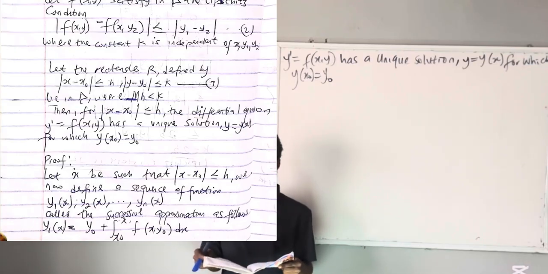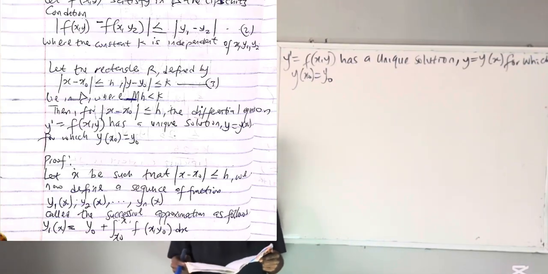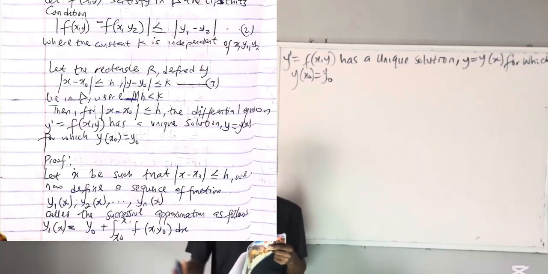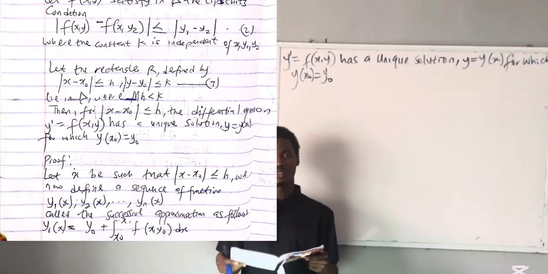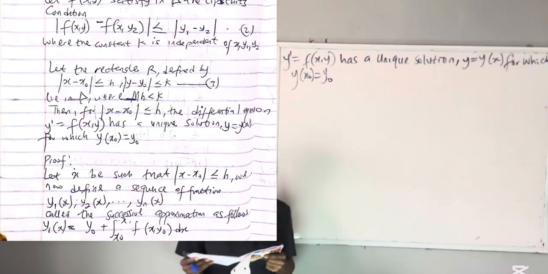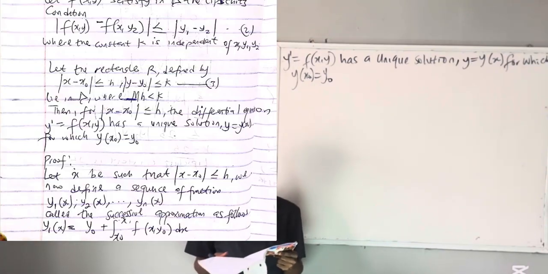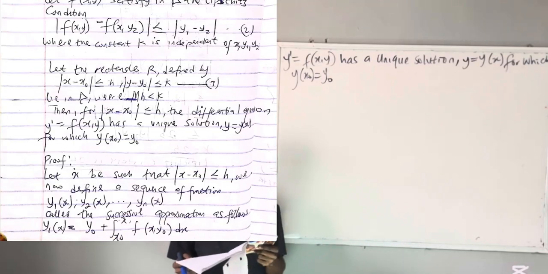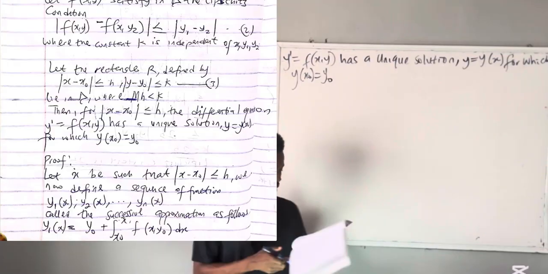We now define a sequence of functions y1 of x, y2 of x, y3 of x, till yn of x. A sequence is just something going in series. We now call it the successive approximation as follows: y1 of x is equal to y naught plus the integral from x naught to x of f of x, y naught dx.